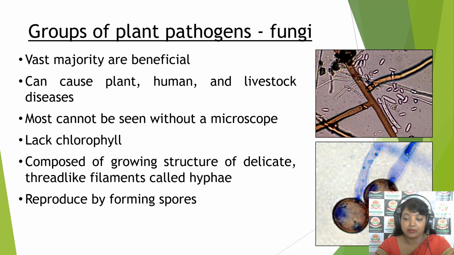it has been separated from the plant kingdom because they lack chlorophyll. They don't have any photosynthetic pigments in their body, so that's why they have been separated from the plant kingdom. So what are fungi? They constitute a very large and diverse group. They look like a plant.